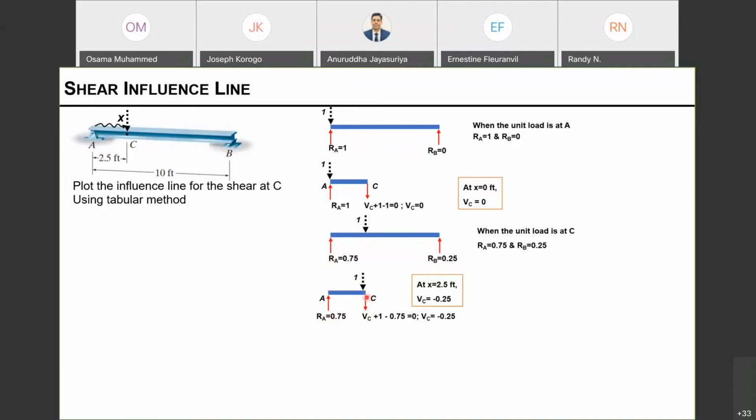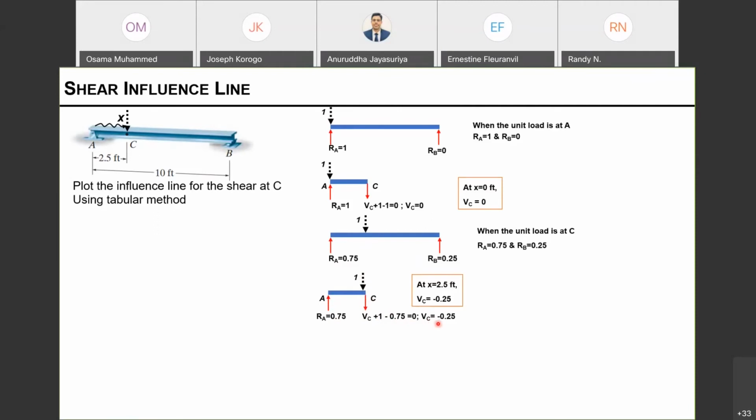This is the left-hand side of the cut, therefore downward shear is positive. So this is called VC, the shear at C, that's positive. The downward load is positive 1, and the upward reaction is negative 0.75, and that should be equal to 0. Why? Because this piece is in equilibrium. Therefore, we get this VC.